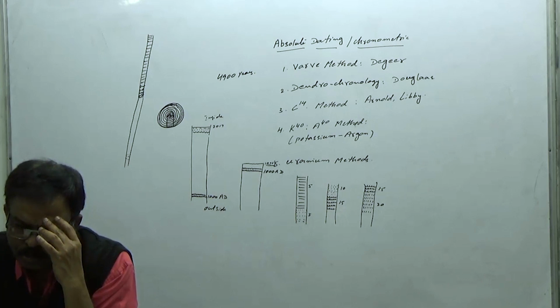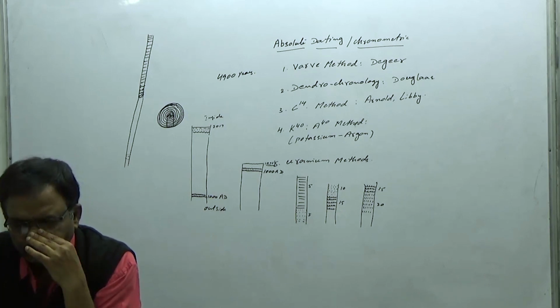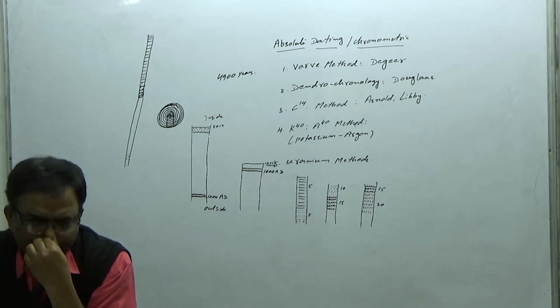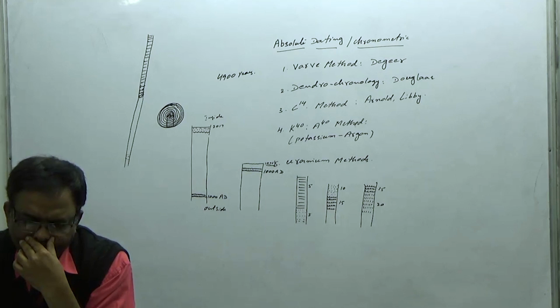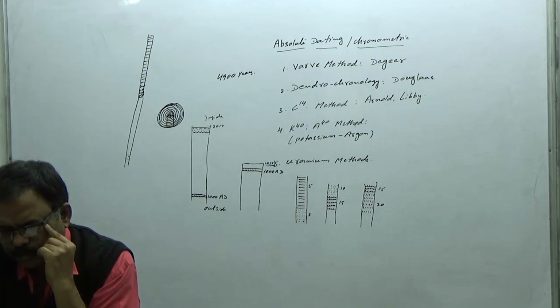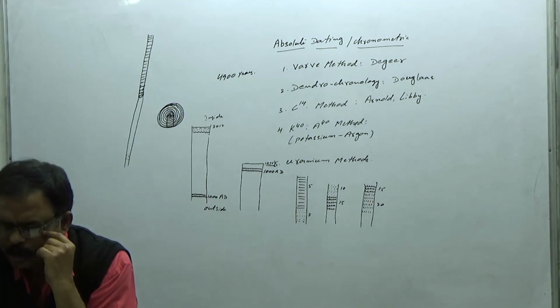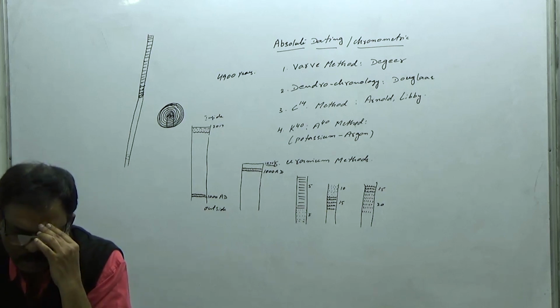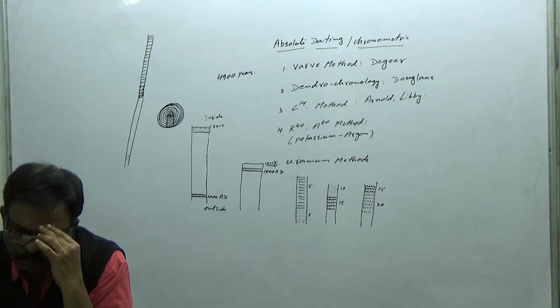Finally, they compare the annular rings of the fresh tree and the annular rings of wooden monuments.